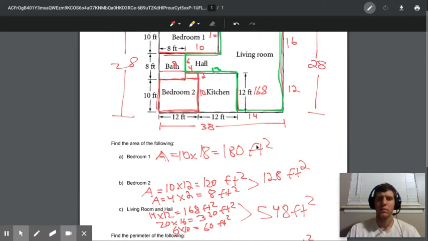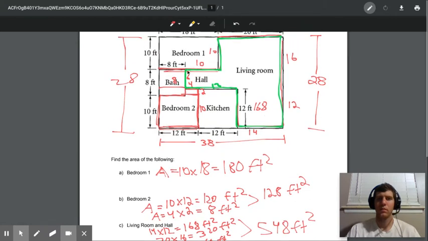And then our areas, I think we're good too, right? 120 plus 8, so 128, 180. Here we had 12 times, make sure 12 times 14 was 168. Here was 10 was 60. Okay, and then 20 by 16 would have been 320. 548, yep, and then we're good here.